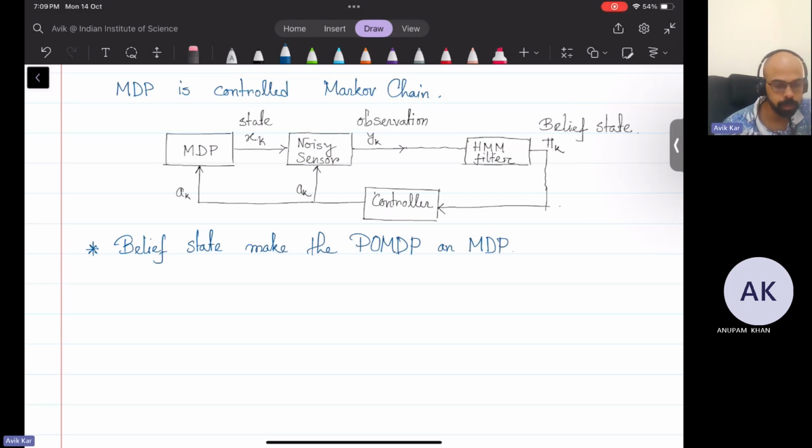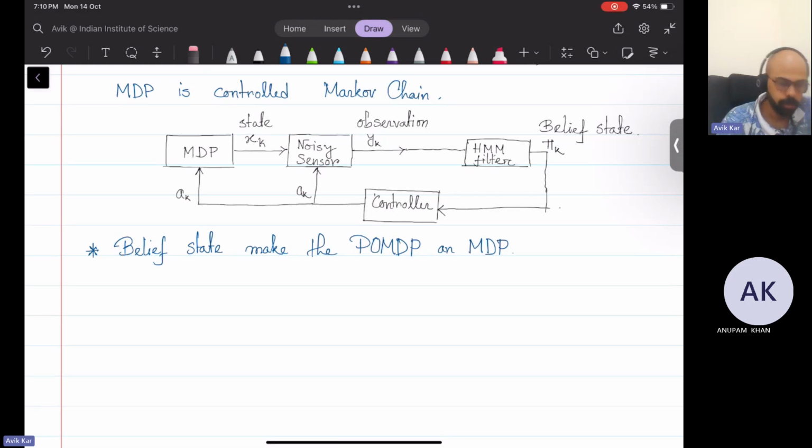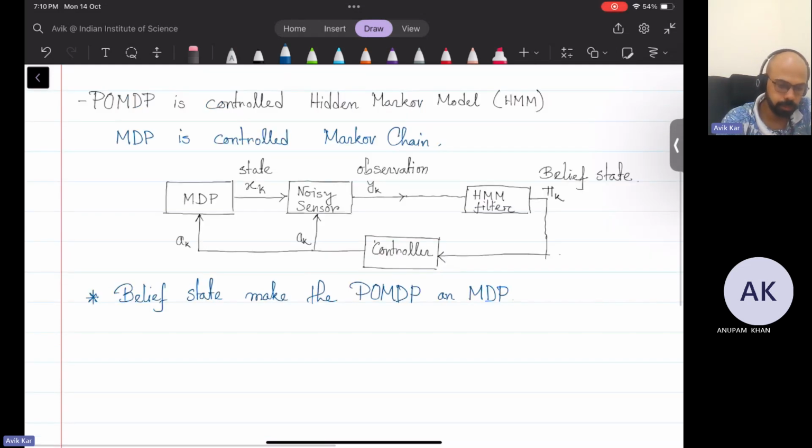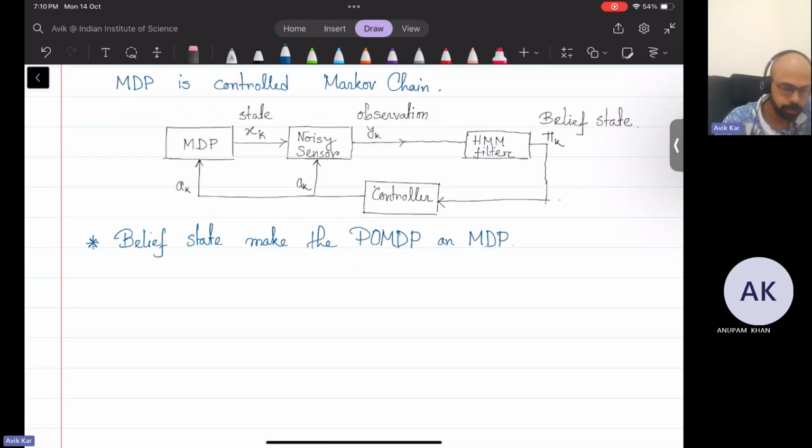So it transforms it. But there is a cost associated with that. Even if the true MDP has a finite number of states, the space of belief states will be infinitely large, that is basically the space of the simplex. I'll explain all these things one by one. But there is a cost. That's the main takeaway.